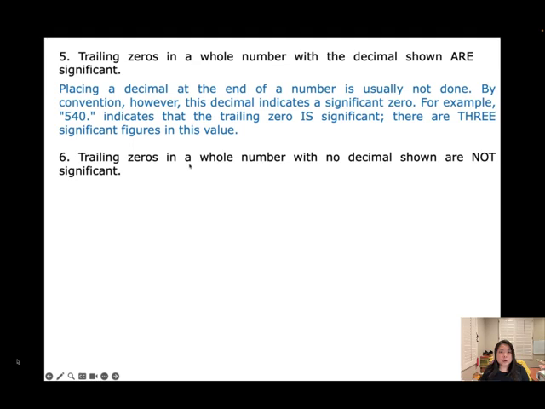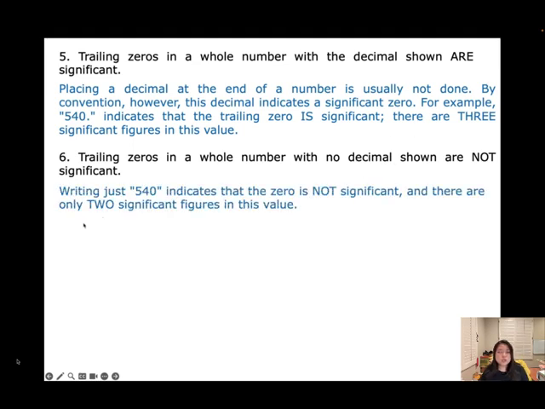Trailing zeros in a whole number with no decimal are not significant. So using the same example, if I only show you 540 without the decimal point, then we only have two significant figures, 5 and 4, because the zero we don't count. Watch out for number 5 and number 6.